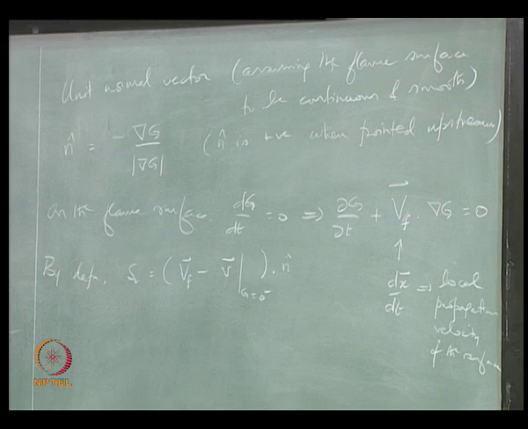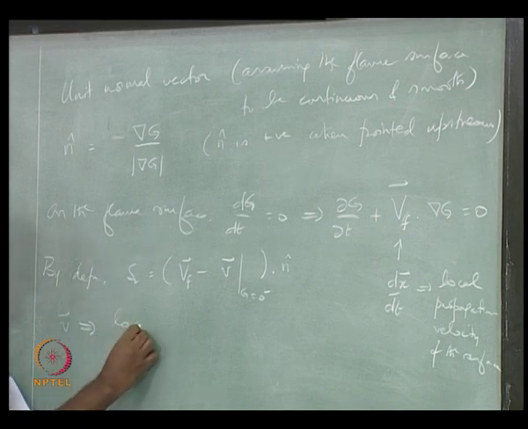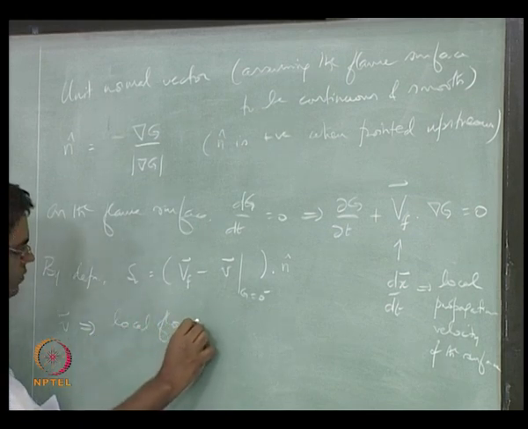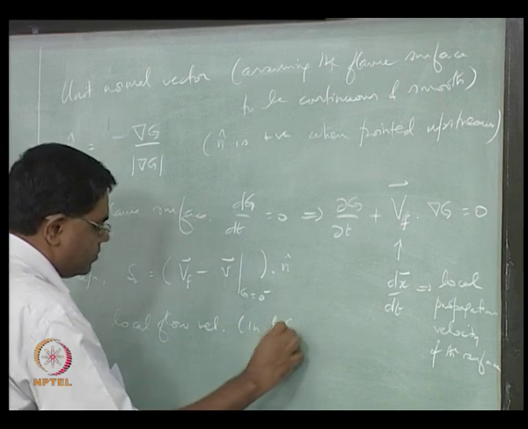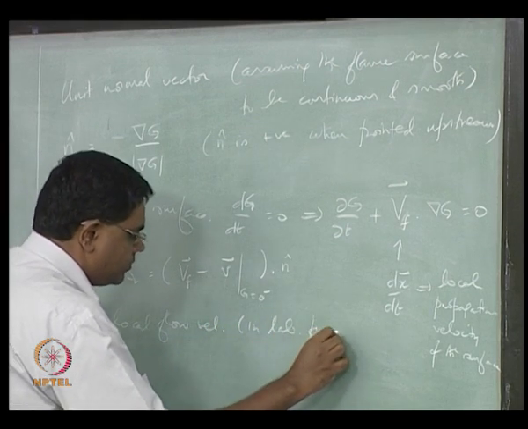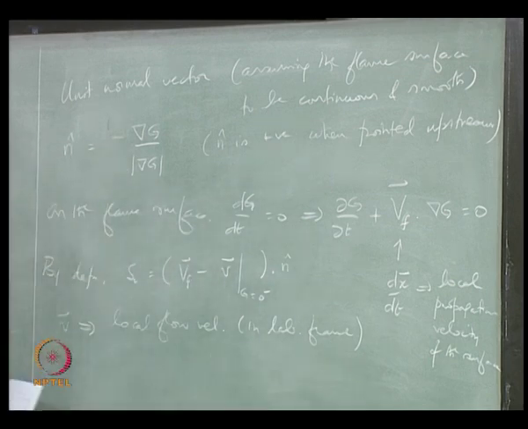So V then is the local flow velocity in the lab frame, that's the Eulerian frame.